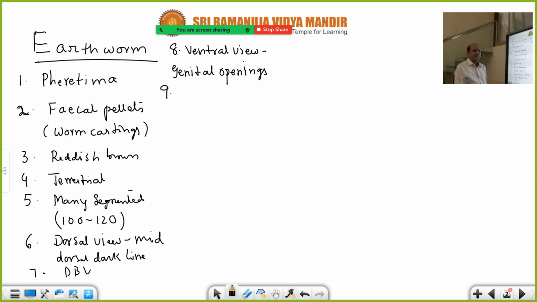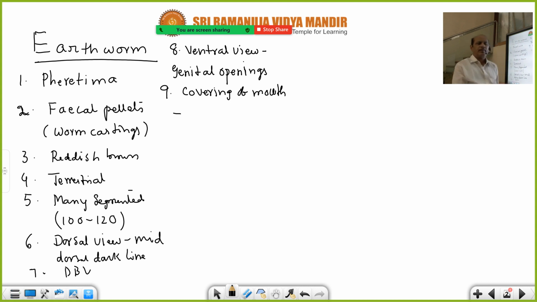Then pass on to another important structure, the covering of the mouth. What is the covering of the mouth? This is a question. Our mouth is covered by lips, upper lip and lower lip. But this covering of the mouth corresponds to the upper lip of humans, not the lower lip.